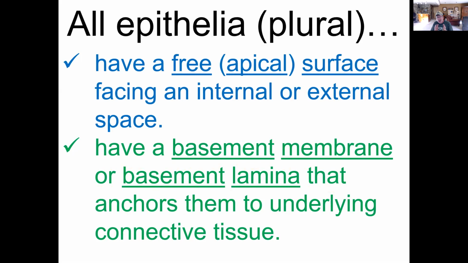So it really depends upon where we are as to what defines the free surface, the apical surface, and which defines what is referred to as the basement lamina or basement membrane. So that's going to be opposite the free surface of the epithelia. It's the basement membrane or basement lamina.